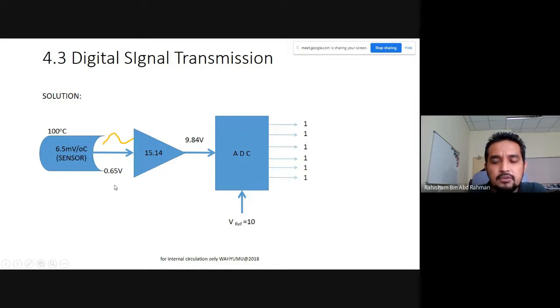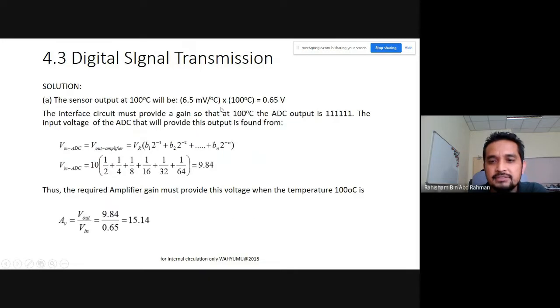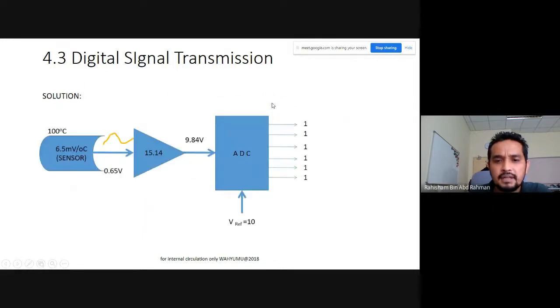And you know the output value of the sensor is actually 0.65. Why 0.65? Because 100 degrees Celsius is equivalent to 0.65 output. Now how are we going to display 0.65 at this point?